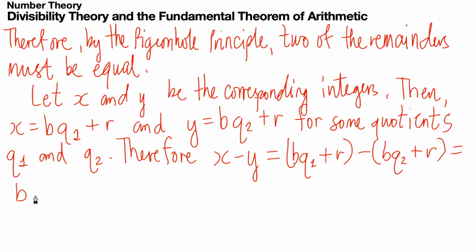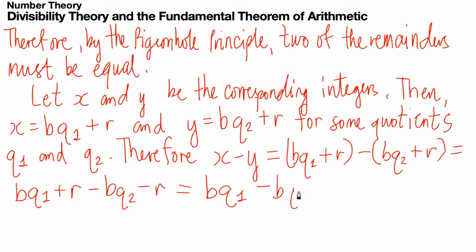If you want the detailed step-by-step solution, distributing the negative signs, we have minus bq sub 2. What we will do then is isolate the b by common monomial factoring.